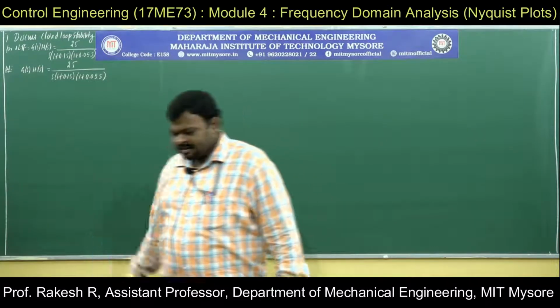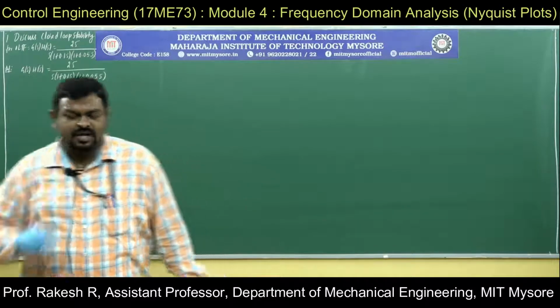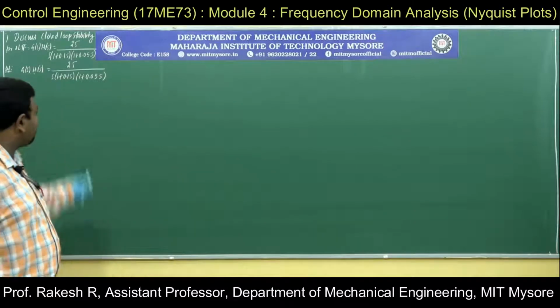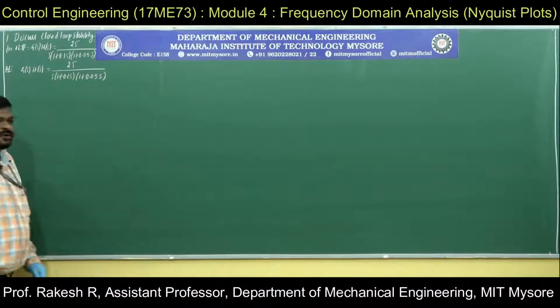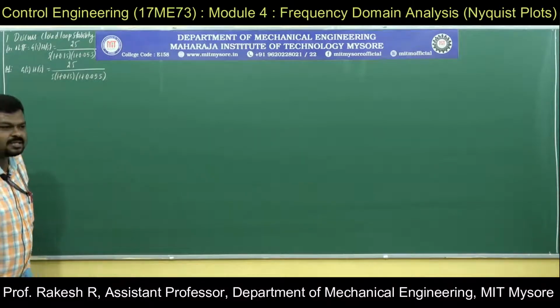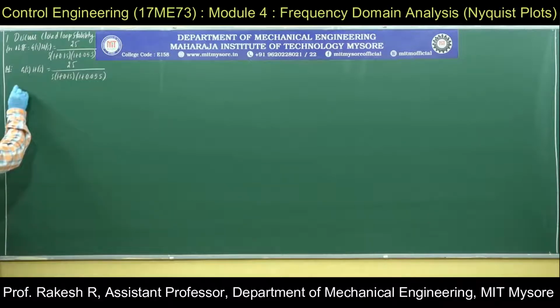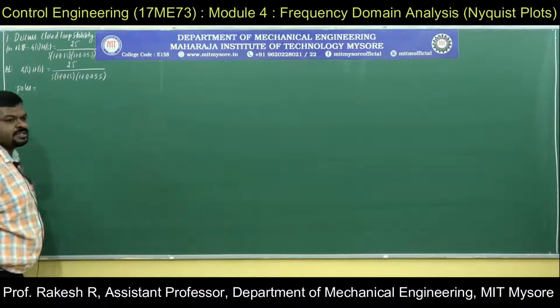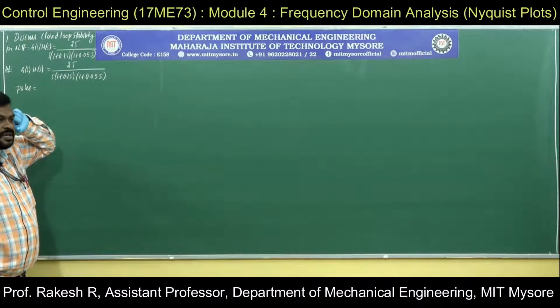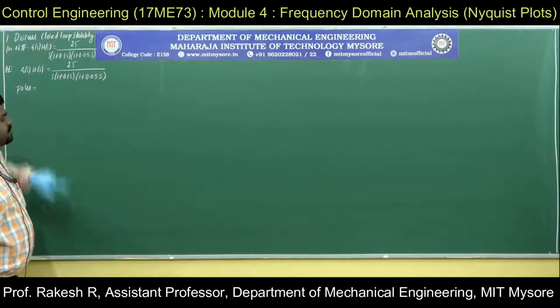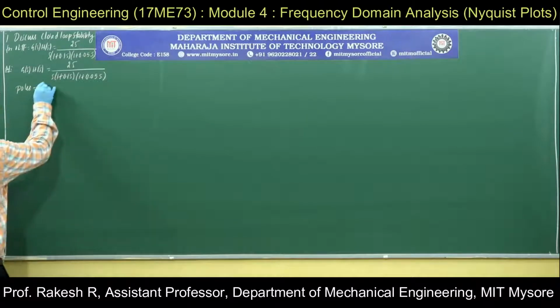Let us see in the problem how we will be actually calculating the values. So the first thing is we have considered the open loop transfer function. Then we have to calculate what are the poles and zeros. What are the poles here? Denominator functions will give us the poles and numerator function will give us the zeros. Here denominator function s is equal to 0, that is one pole.